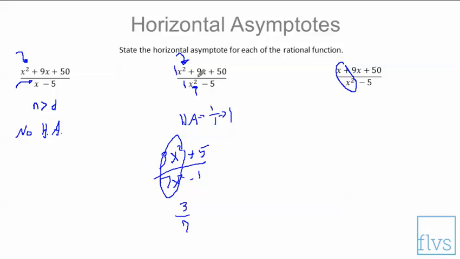The top is not larger than the bottom; my numerator is actually smaller than my denominator. So my horizontal asymptote does exist, it's just going to be at 0. And those are the three different types of horizontal asymptotes that you're going to deal with.